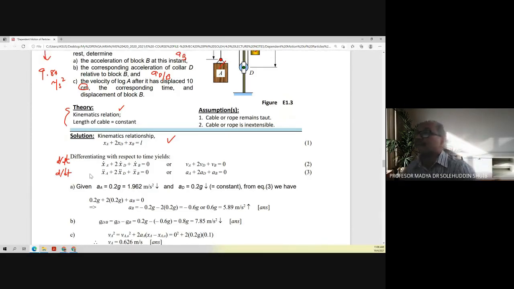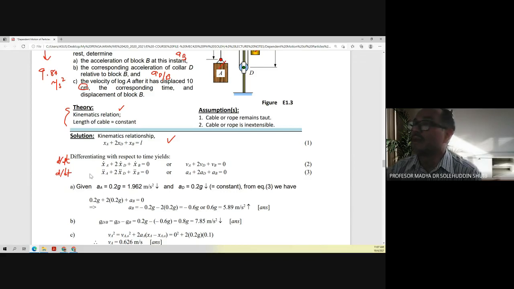Given in the problem statement, the acceleration of A is equal to 0.2 g, so you multiply 0.2 times 9.81, which gives 1.962. Don't forget the unit and the direction.